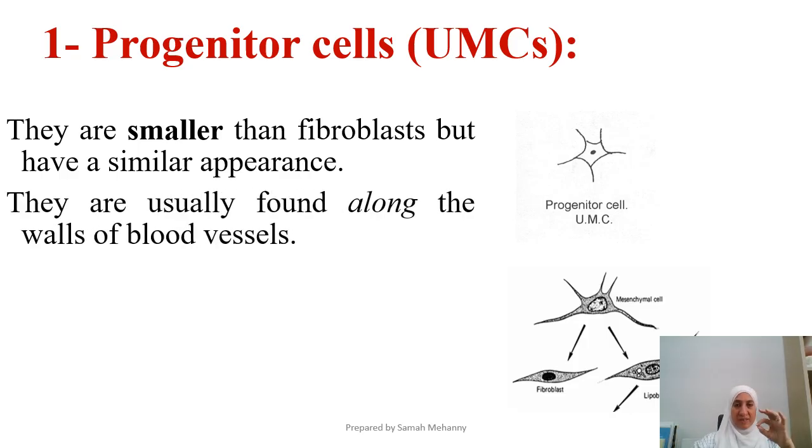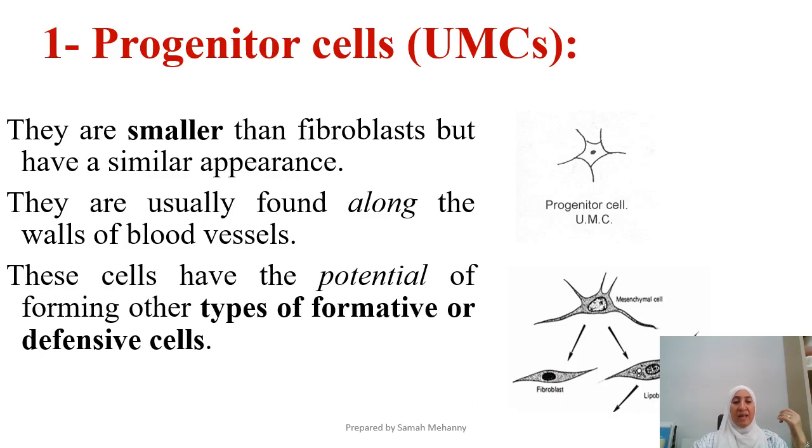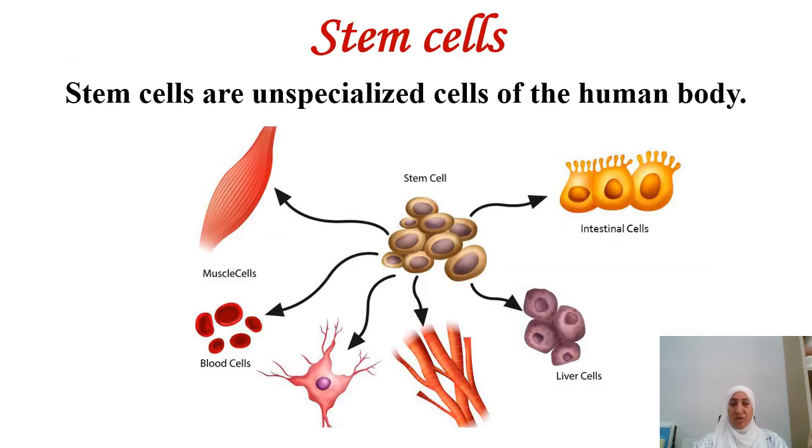Of course, they exist along the wall of the blood vessels, and these cells have the potential to form other cells, formative or defensive. These are the stem cells or progenitor cells.